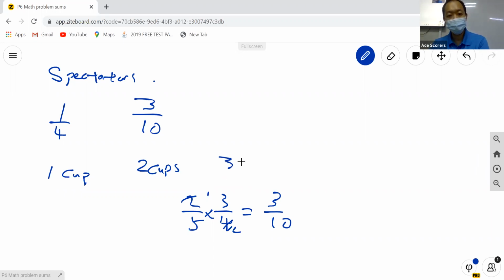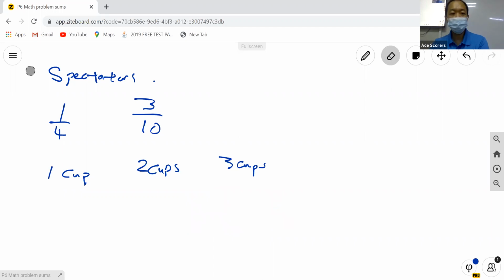Now what's the fraction for the rest? Since this is 1/4, this is 3/10, how do I find the fraction for the rest? Yeah, 1 whole minus this, right?